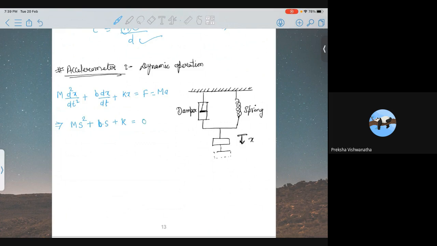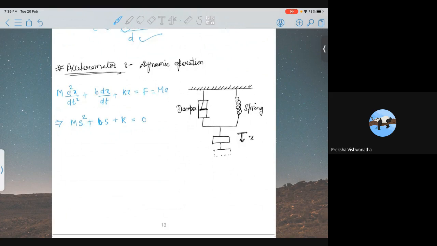This is the Laplace form of this equation. Or we can write it as x of s by a, which will be 1 by m times s square plus b by m s plus k by m.